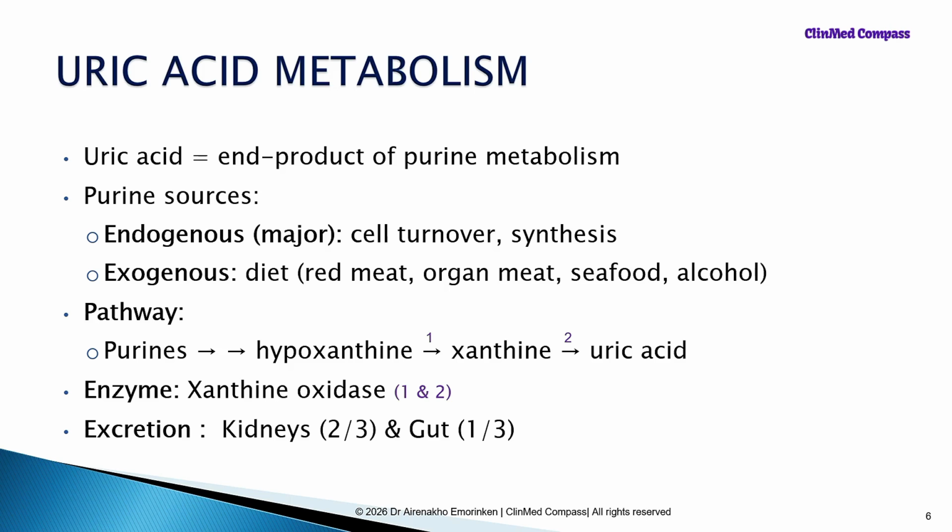The second is exogenous, from the diet, especially red meat, organ meat, seafood, and alcohol. Biochemically, purines are converted to hypoxanthine, then to xanthine, and finally uric acid by the enzyme xanthine oxidase. Once formed, uric acid is eliminated mainly by the kidneys, which handle about 2/3, while the gut handles about 1/3.